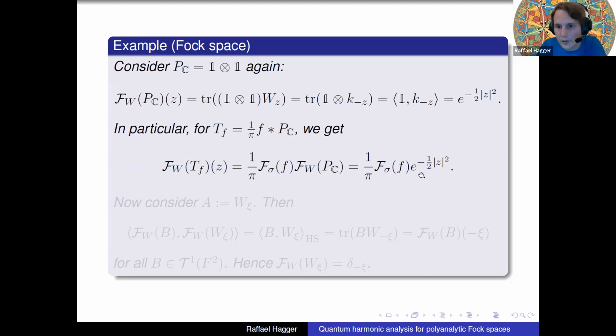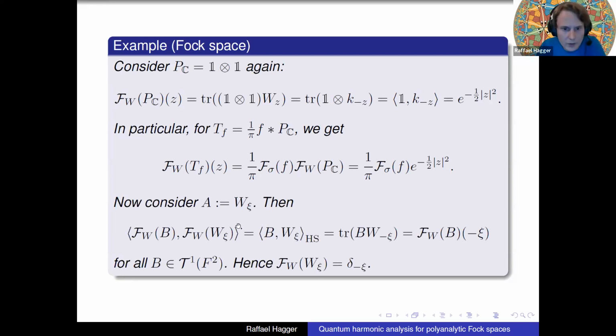This we just computed. This is the exponential, and so we get the thing here, which, if f is just a bounded function, can be a distribution, right? So this doesn't have to be a function. This can very well be a tempered distribution. But like this, we know what the Fourier transform of a Toeplitz operator is.